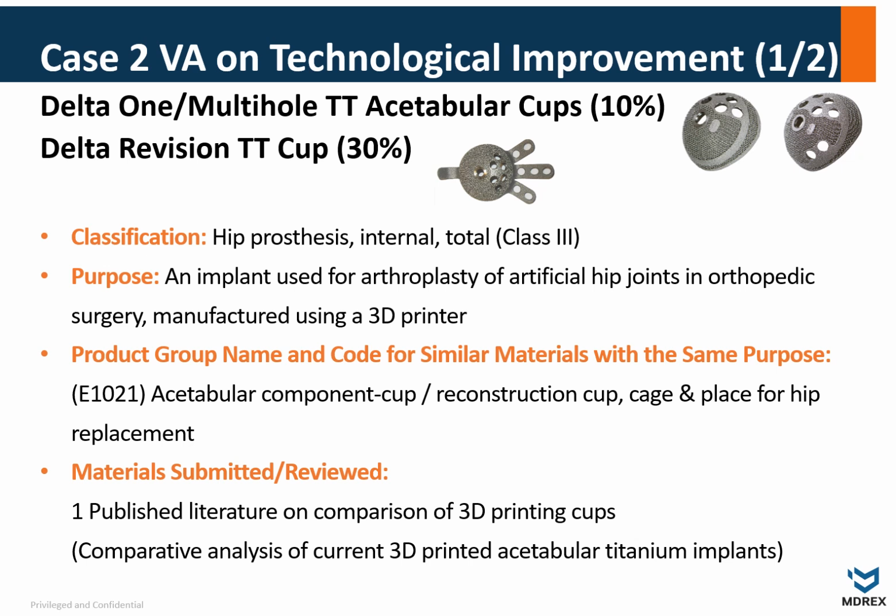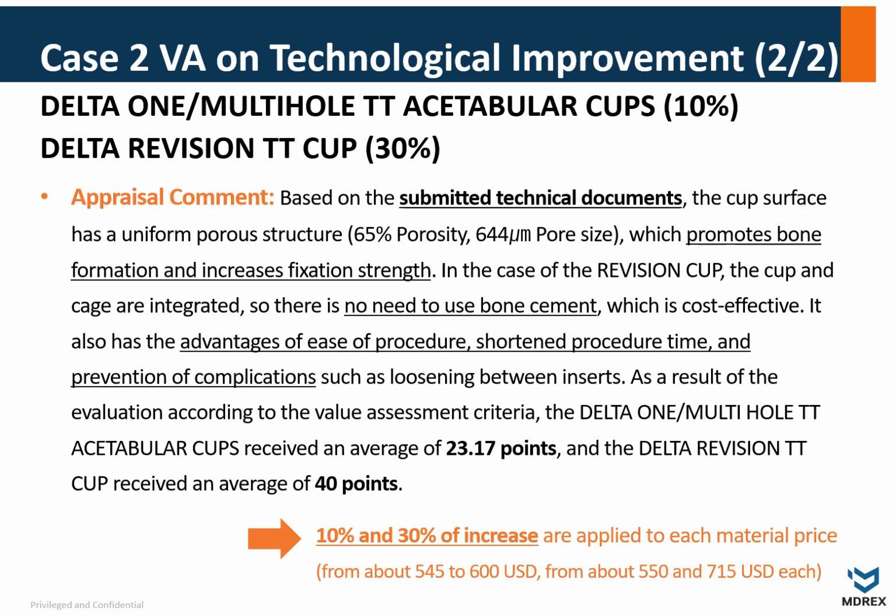The submitted and reviewed material was a published literature on comparative analysis that analyzed several 3D printing cups and compared their design. The committee recognized that those cups' improved function proves benefits of using the cups rather than the other cups already listed, such as increased fixation strength, cost saving from not needing bone cement, ease of procedure with shortened time, etc.